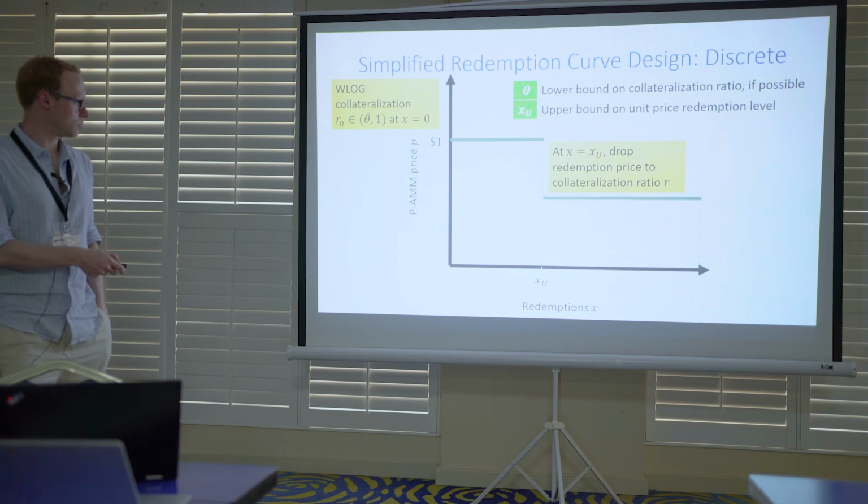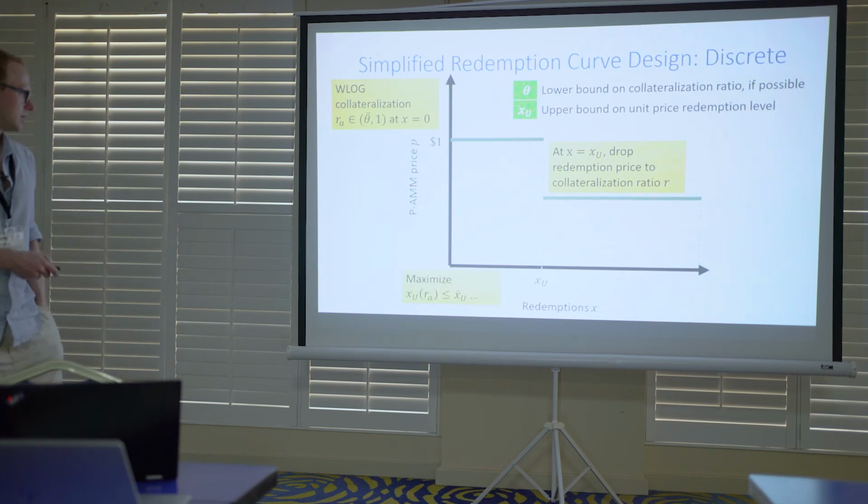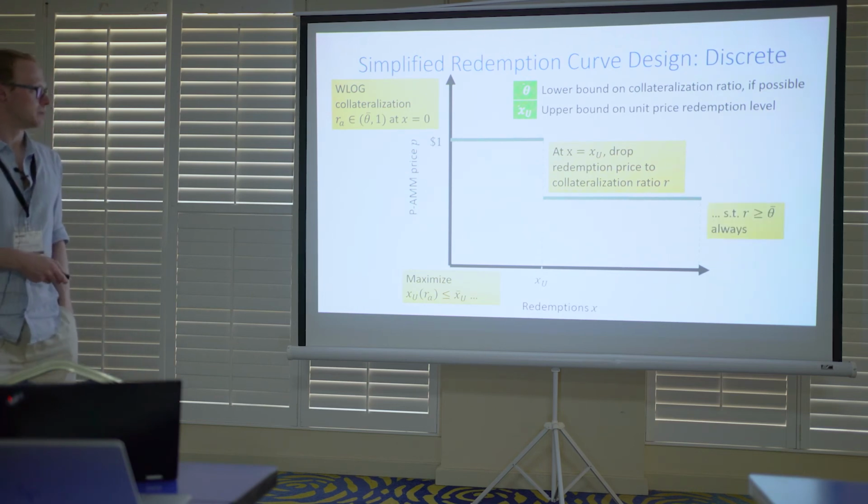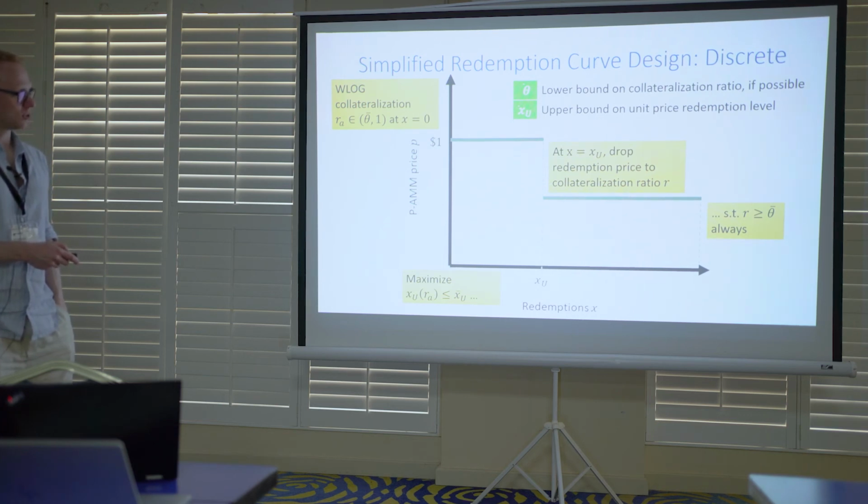Now this threshold we need to choose, and what we can do is maximize this point until which we support the coin, such that eventually the collateralization ratio will be above our lower bound.